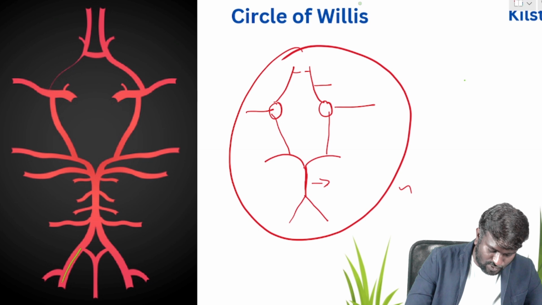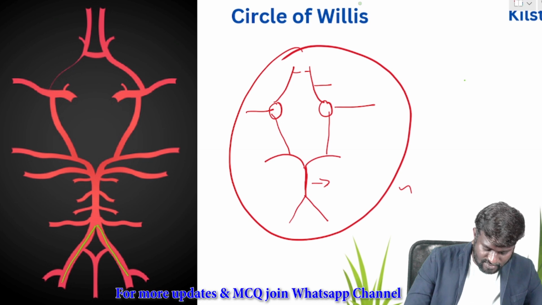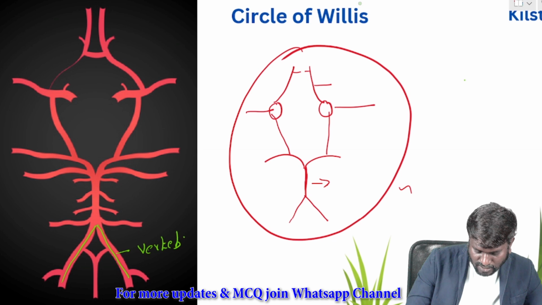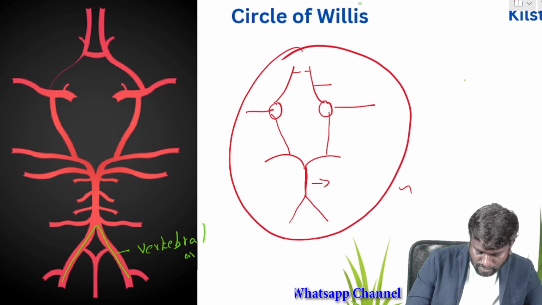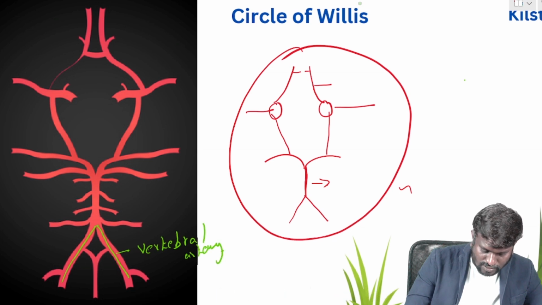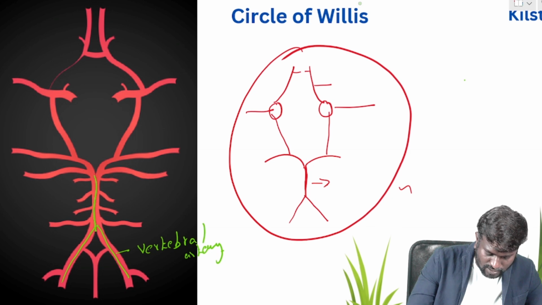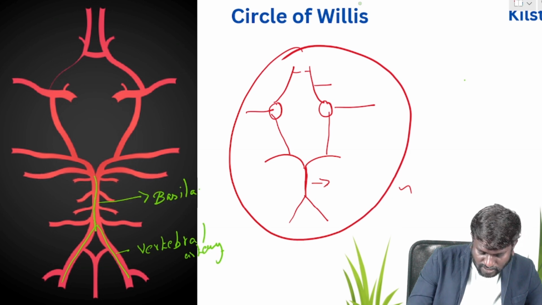So the V-shaped one is going to be the vertebral artery. And this is going to be called what? The basilar artery.